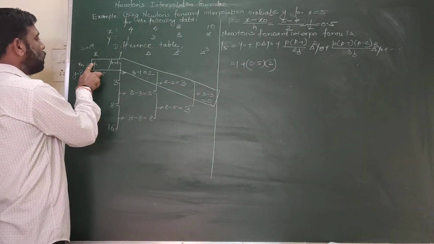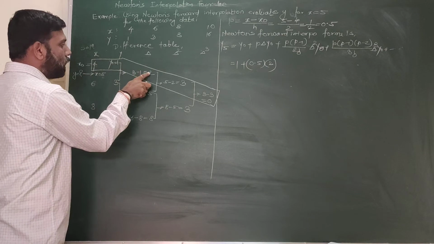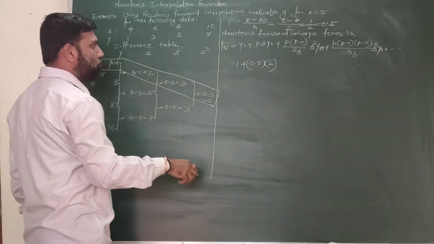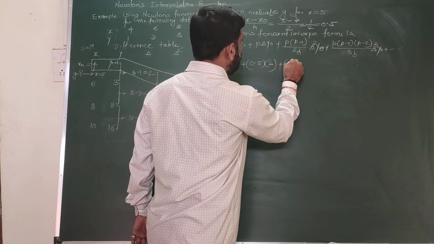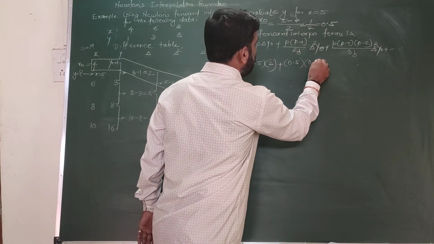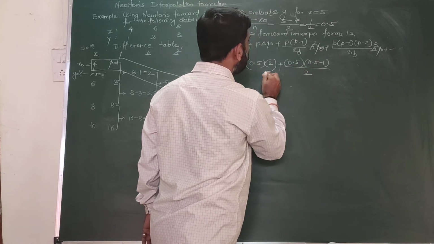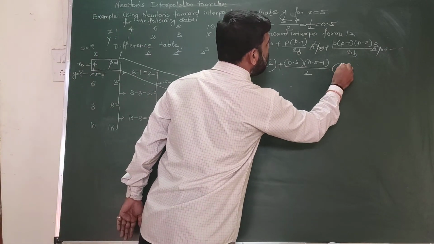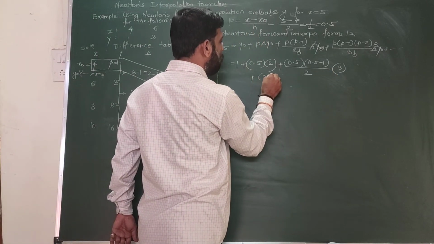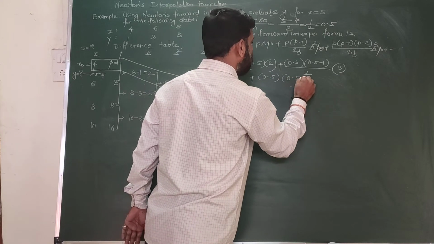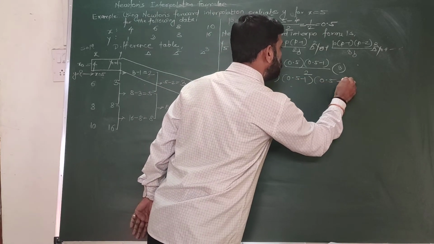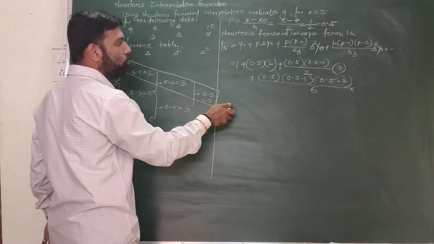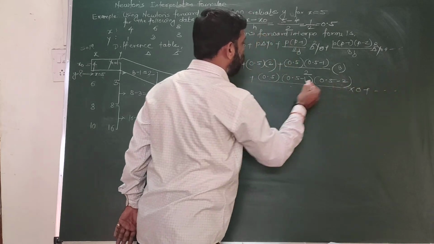Now for this question, the actual value is x0 first, then delta square first, delta cube and so on, these are first values. p into p minus 1 upon 2 into delta square, whose value is 3, plus p into p minus 1 into p minus 2 upon 3 factorial, that is 6, into delta cube, that value is 0, and so on.